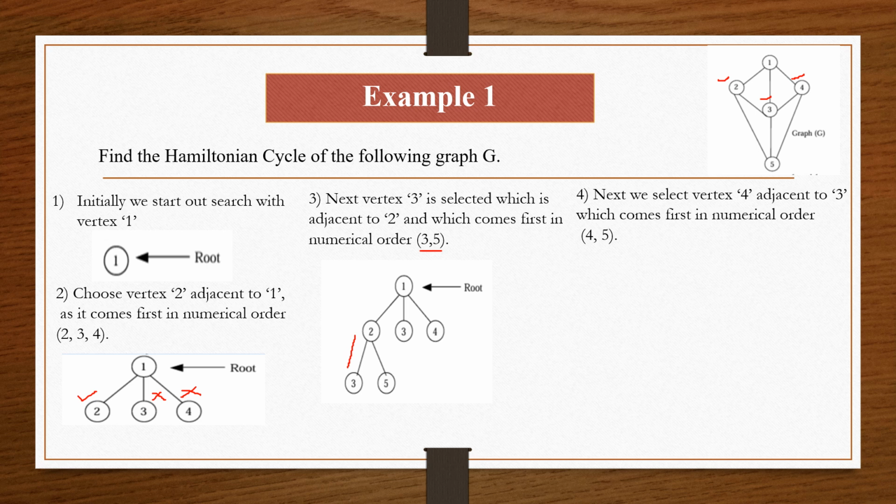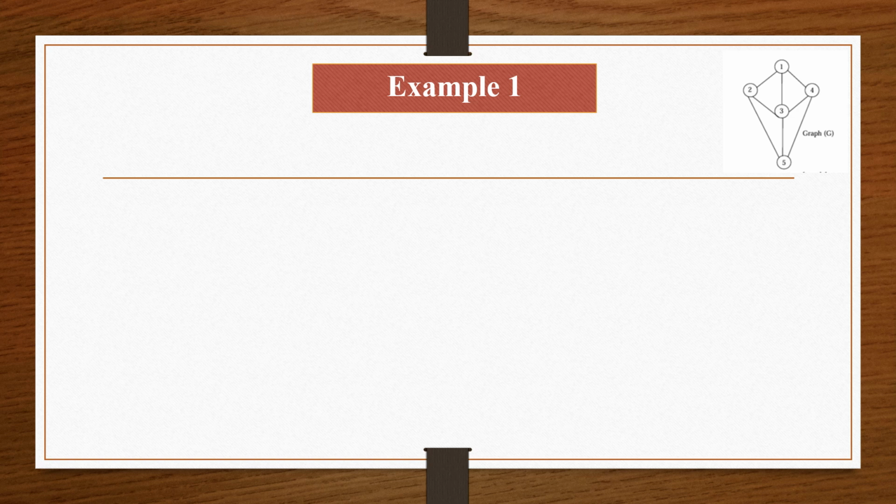From the figure we can infer 3 is connected to 2, 4 and 5 but 2 is already explored. So we will start exploring only 2 options, 4 and 5. Of these 4 and 5, we will explore only 4 and leave 5. 5 is selected and 5 is connected to 2, 3 and 4.